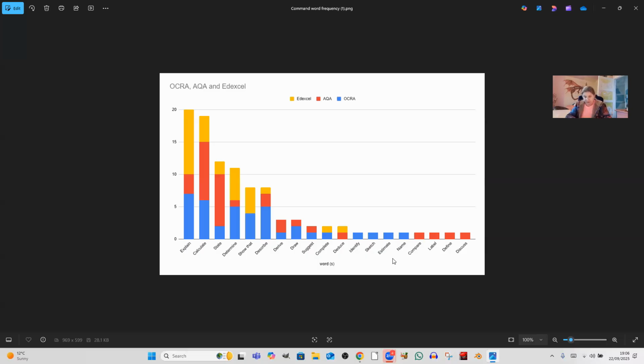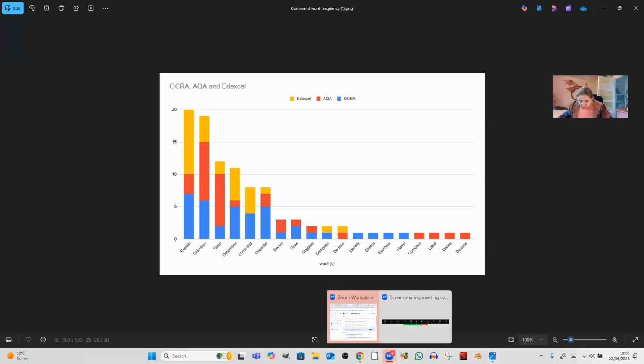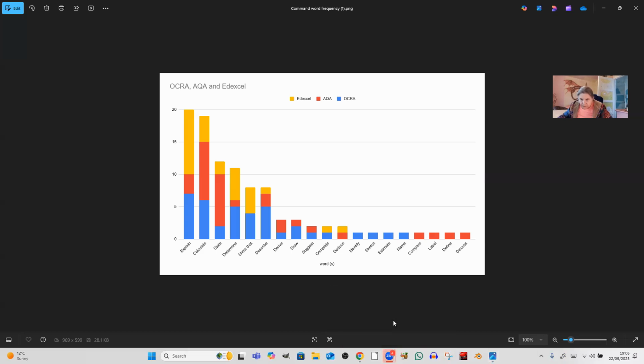So this is very anecdotal, but you can see that if you look at the calculate, the determine, and the show that, which are really all calculate questions, and add those together, the calculate column would be off the top of the screen.